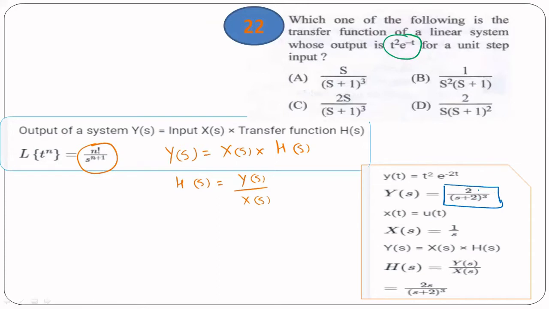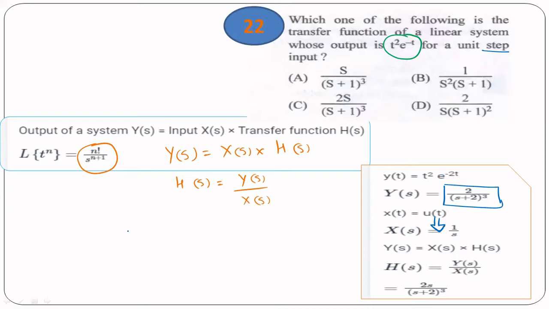Now, x of t is equal to u of t, that is, for a unit step input. If we convert this into the s domain, then x of s is equal to 1 by s.